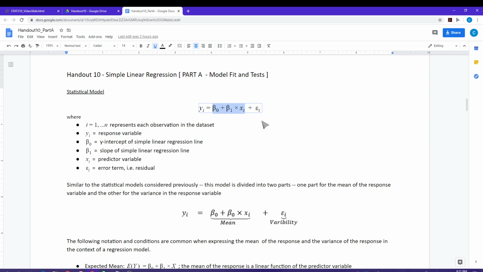And then the error part, or the residual part, is going to be used for the variability in our model. So much like the models that we were considering in handout number 8 and handout number 9, the difference here is that the predictor variable, or the factor variable, is actually quantitative in nature. It's actually a number.